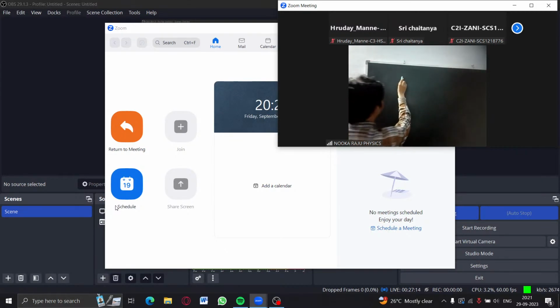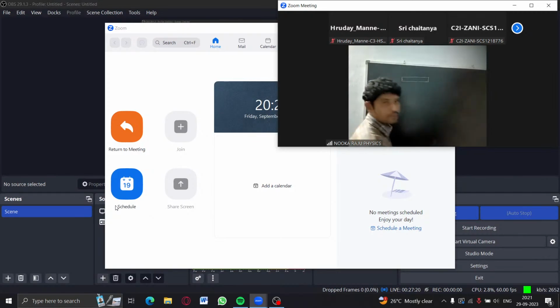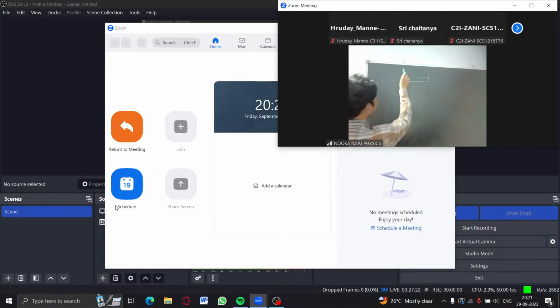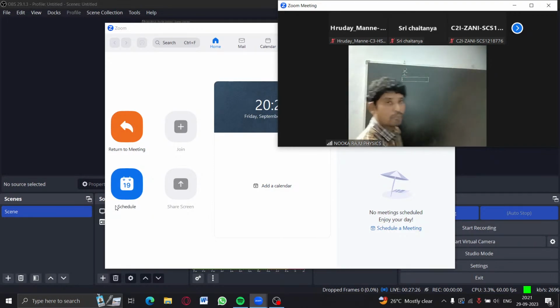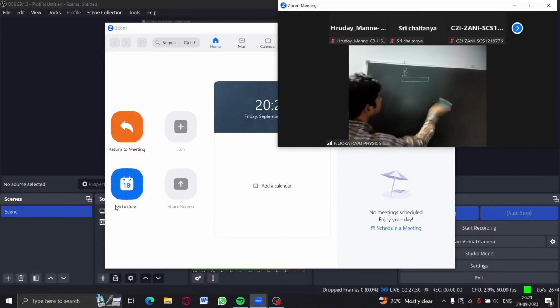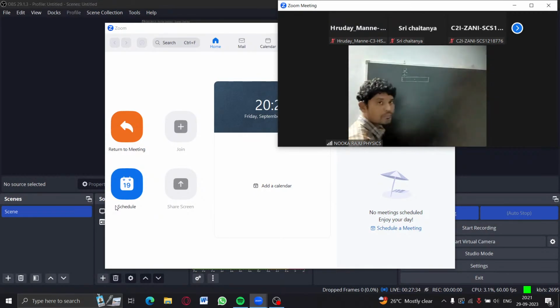Yesterday I gave one important application. For example, consider this is a plank. One boy or man stands at one end of the plank or boat. In this situation, the center of mass is constant.